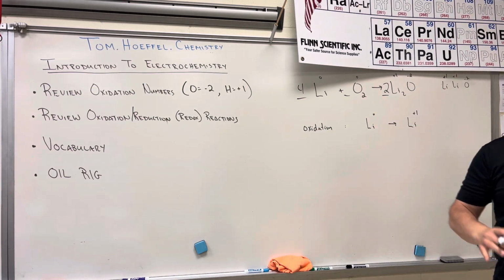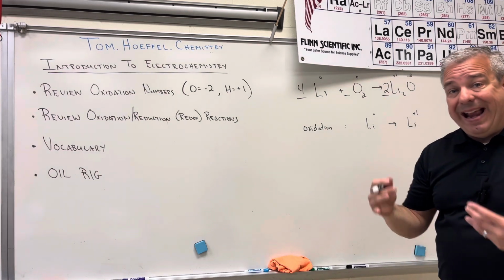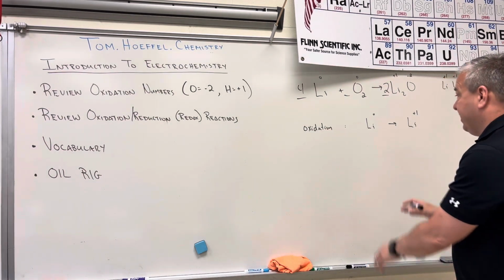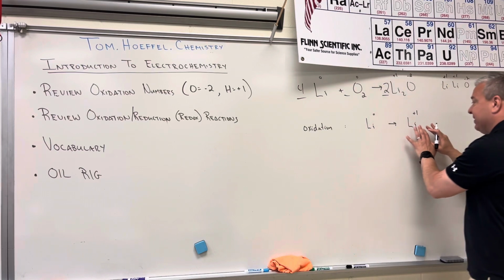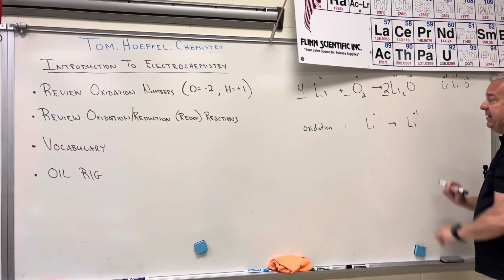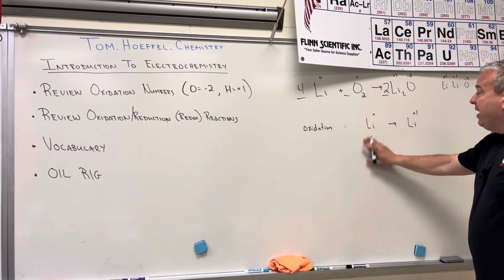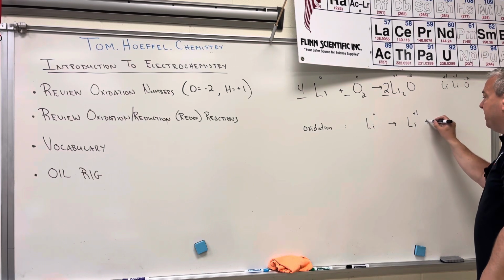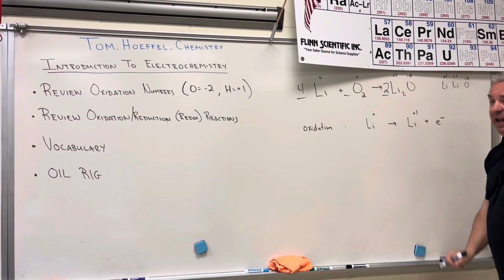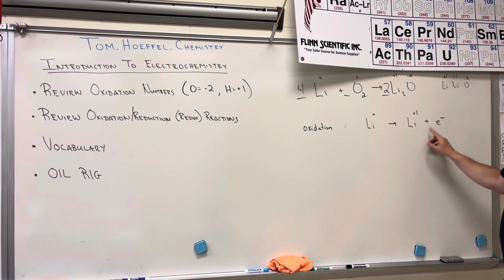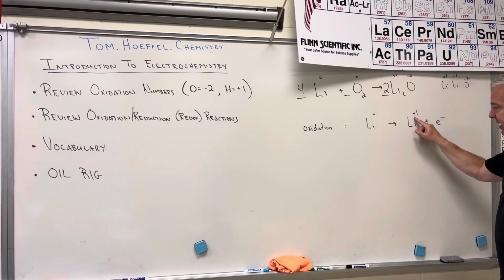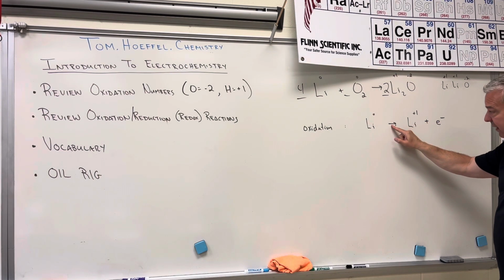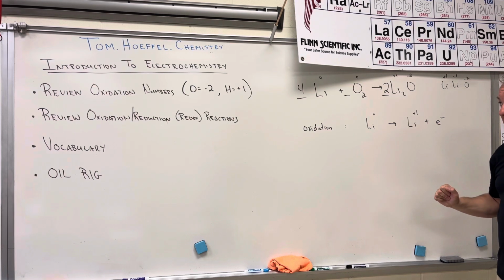Now, what I want to do is write a half reaction, because a lithium that's neutral is not the same thing as a lithium that's +1. So if I'm going to make this equal out, I'm going to put an electron on the right-hand side, because an electron and a lithium +1 will equal the lithium that's neutral.